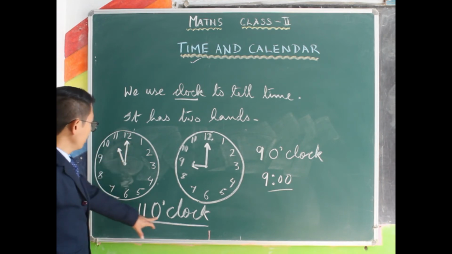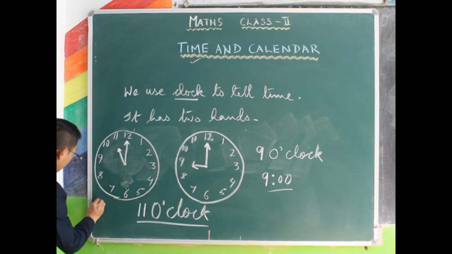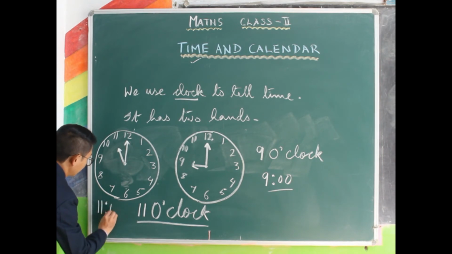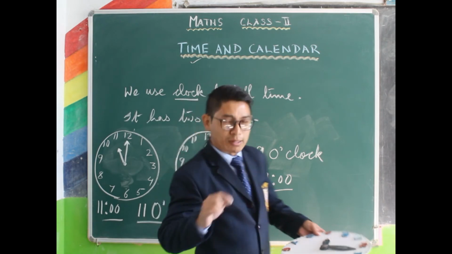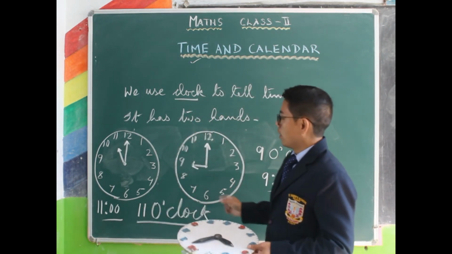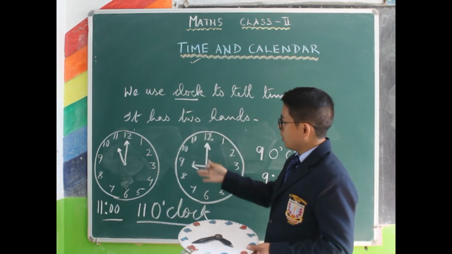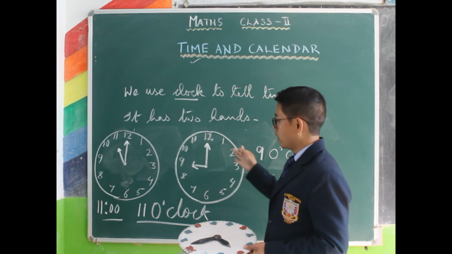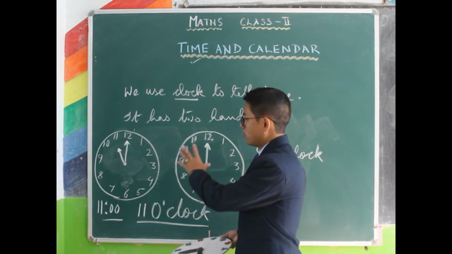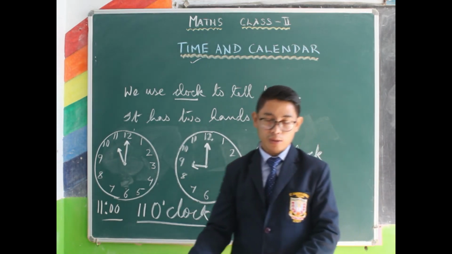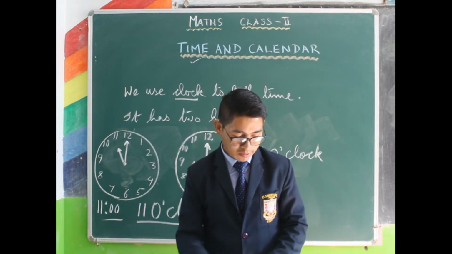This is sharp 11 o'clock. See, this is very easy. Now with this you can draw, write, or show any time on a clock face. Okay.